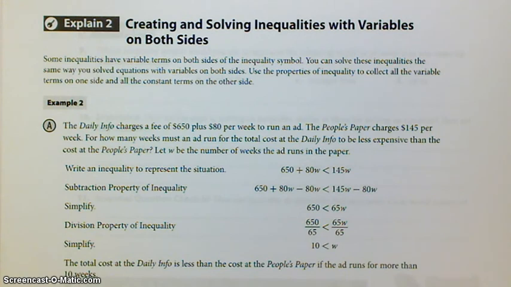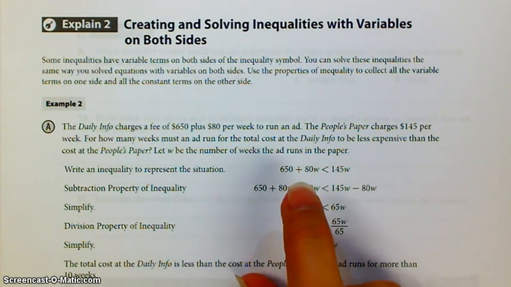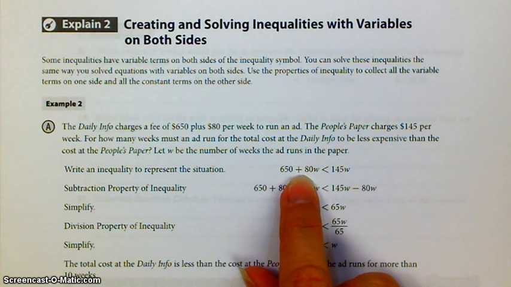Okay, so just a little bit of thought. If I only run an ad for a week, the Daily Info is going to be a whole lot more expensive. It's going to be $650 plus another $80 for that 1 week. That is like, what, $730? So to run just a 1 week ad in the Daily Info, $730.